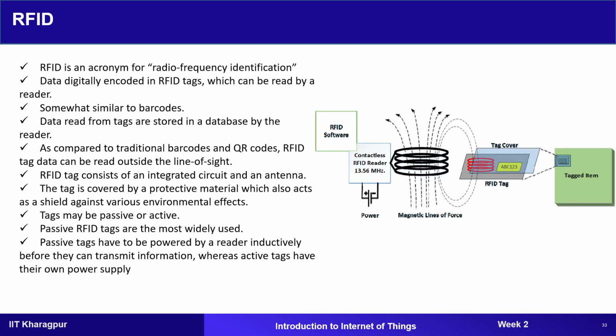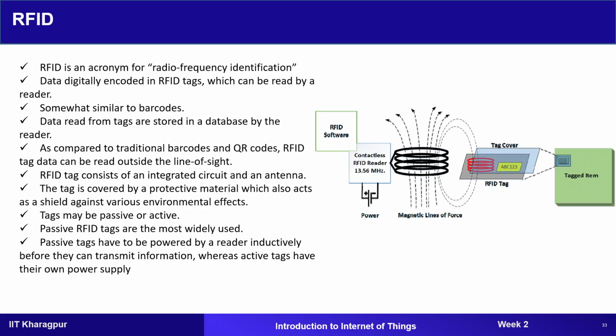Now the next protocol is RFID. It stands for radio frequency identification, and the data is basically encoded in RFID tags, and further the readers are used in order to read those tags.